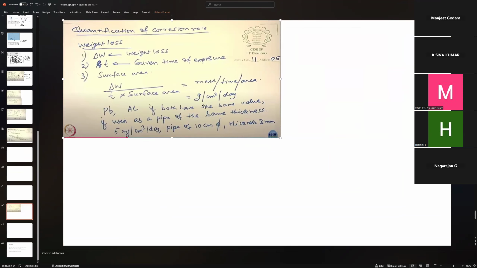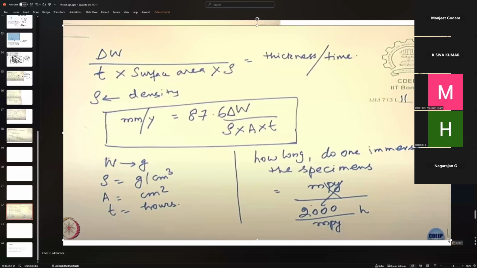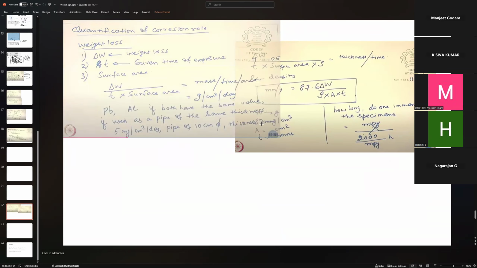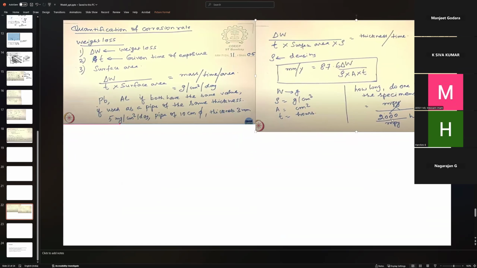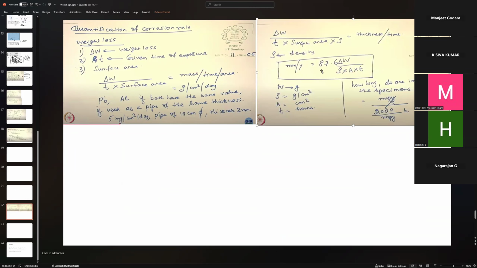GMD is grams per meter square per day. So you need your weight loss, your time, and the surface area. If you want to convert it to millimeters per year, you need to divide it by the density.